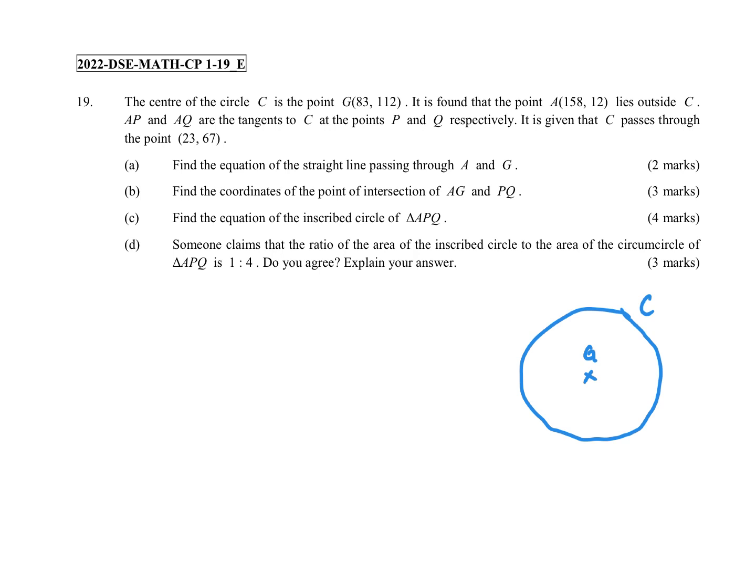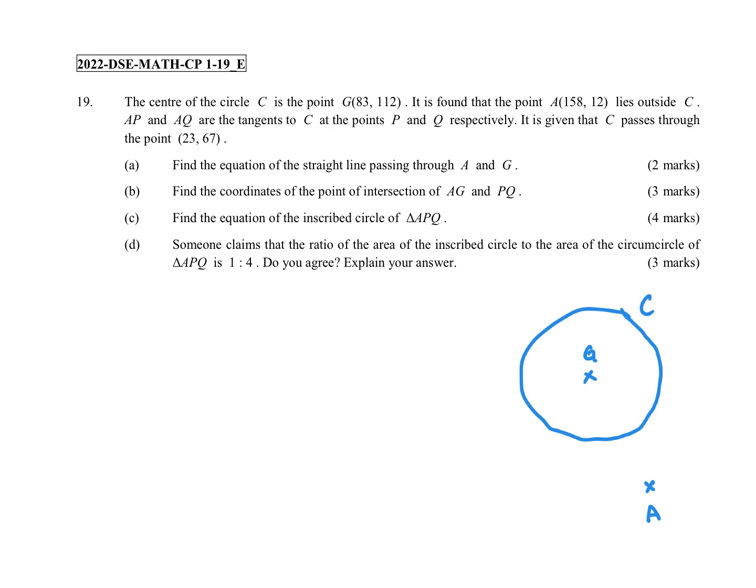So A should be on the bottom right of point G and lying outside C. So A is somewhere here.